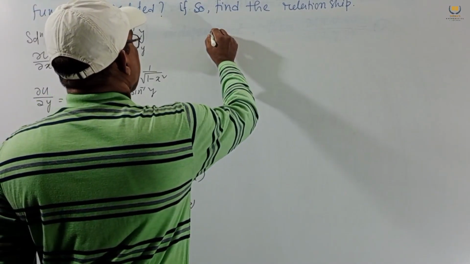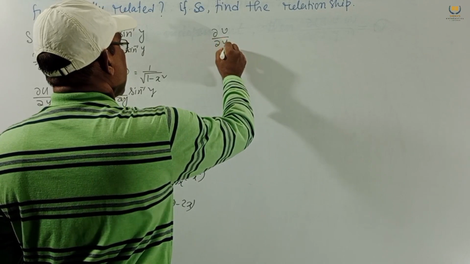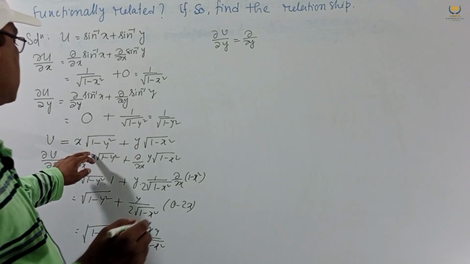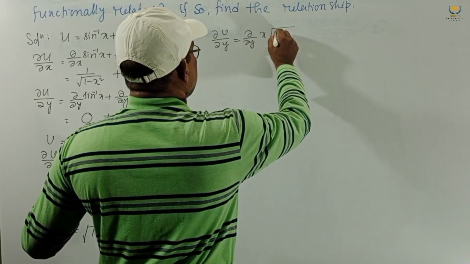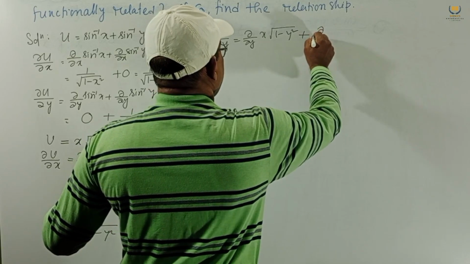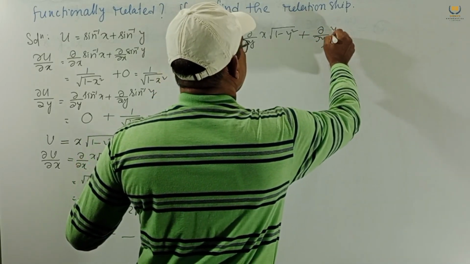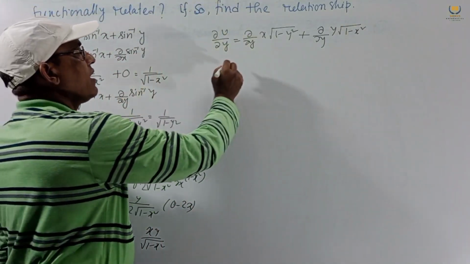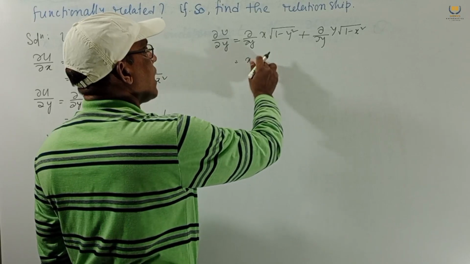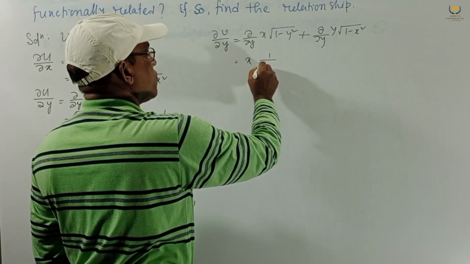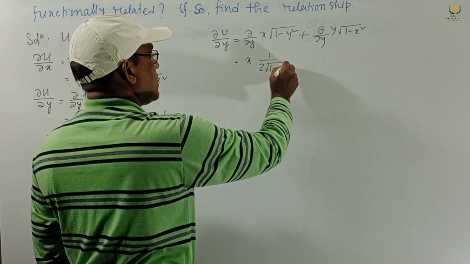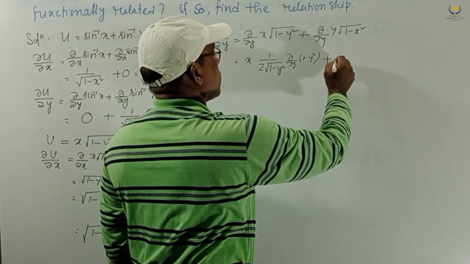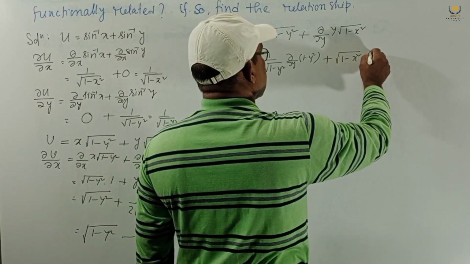Now we have to find ∂v/∂y, which is ∂/∂y of x root over 1 minus y square plus ∂/∂y of y root over 1 minus x square. Here x is constant, and the root means 1 by 2 root over 1 minus y square times ∂/∂y of 1 minus y square, and root over 1 minus x square is outside ∂/∂y of y.